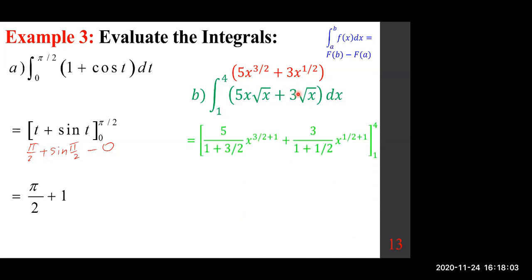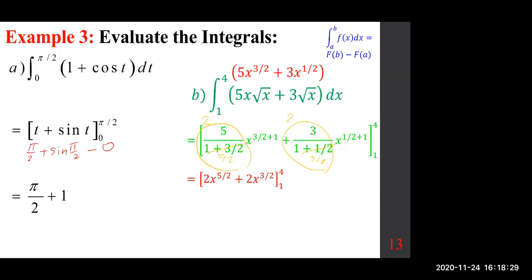You don't need the constant because you are evaluating. So 1 plus 3/2 is 5/2. 5 over 5/2 is simply 2. This one is 3/2. This one is 2. So that's what we have.